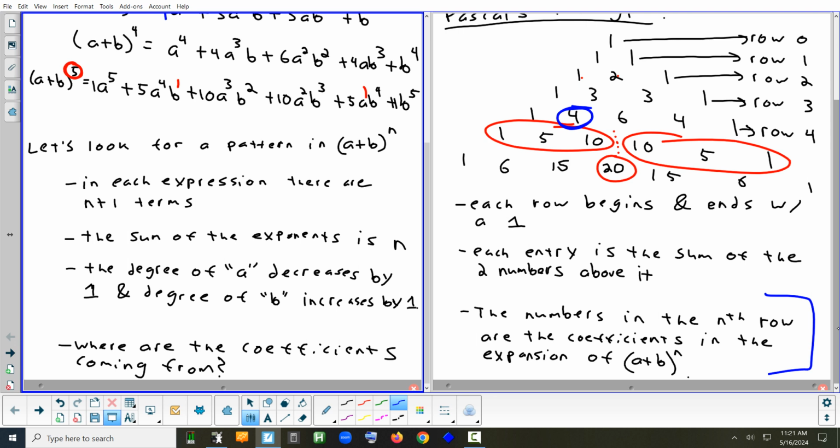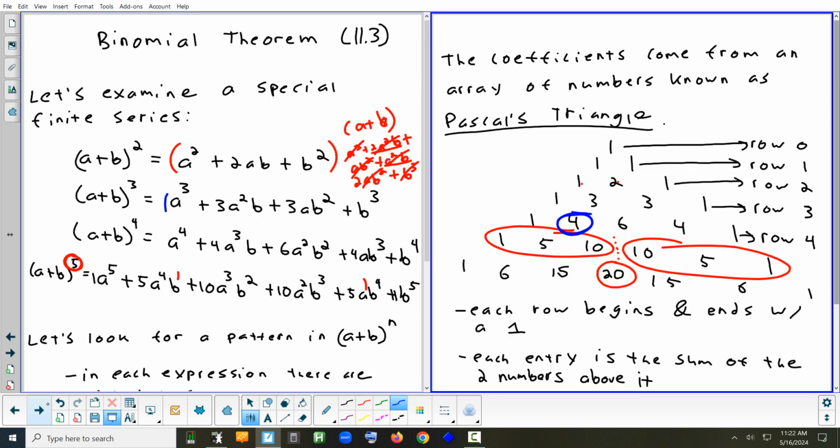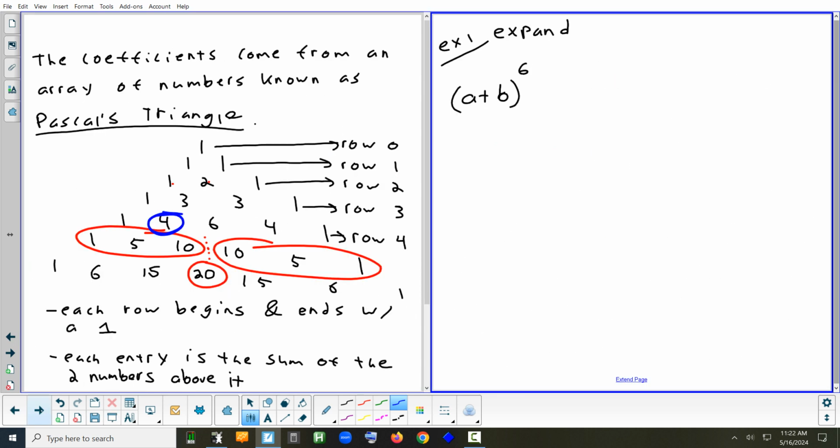All right, well, let's try using the binomial theorem to do some expansions. Okay. So I have row 6 already done out on the triangle, so we're not going to have to worry about doing that out. We just have to put everything down the way it goes. What's going to be the coefficient of my first term when I do a plus b to the 6th?